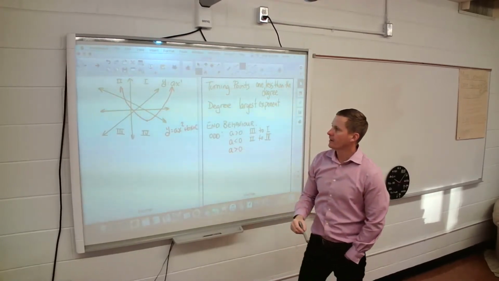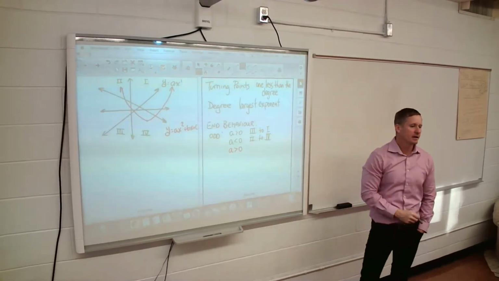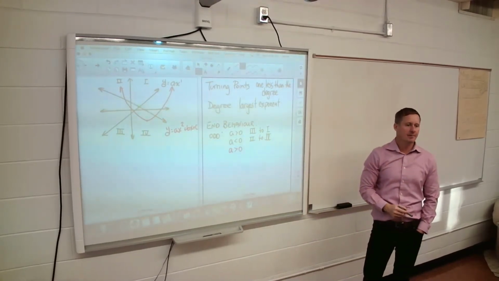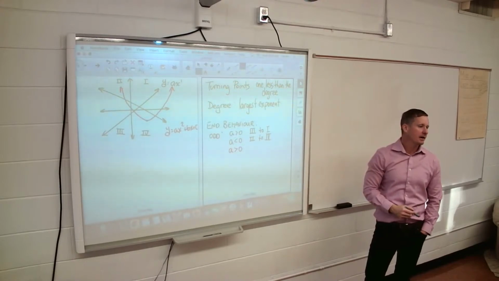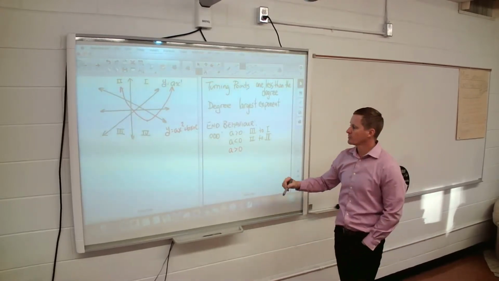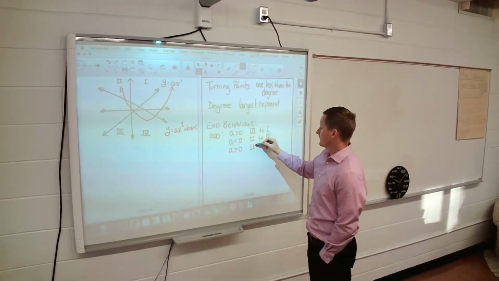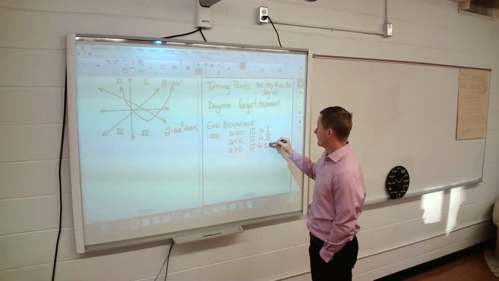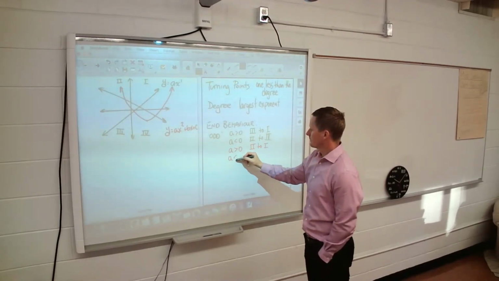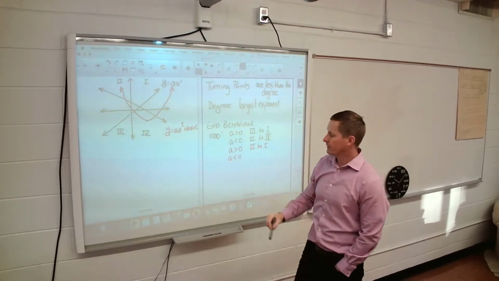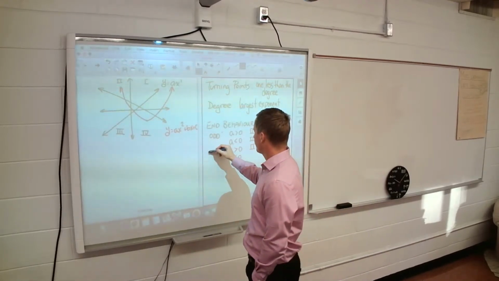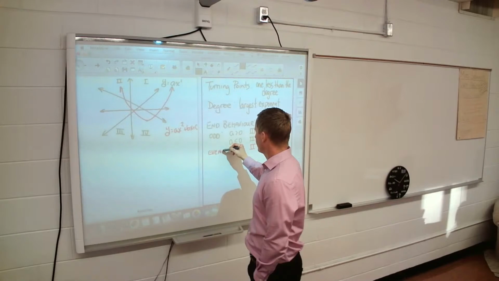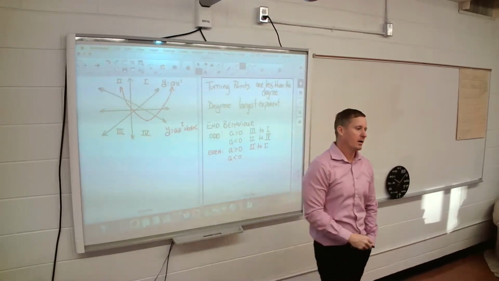Now my end behavior. When a is greater than 0, meaning when it opens up, what quadrant does it start in? 2. And what quadrant does it finish in? 1. So it's 2 to 1. And that's for even, that's for all even ones.